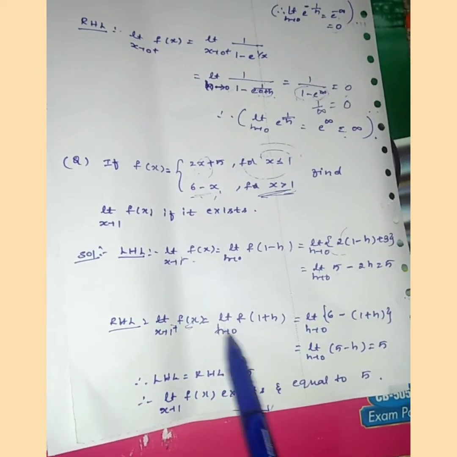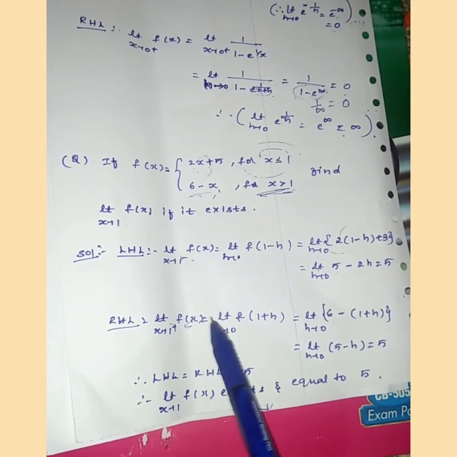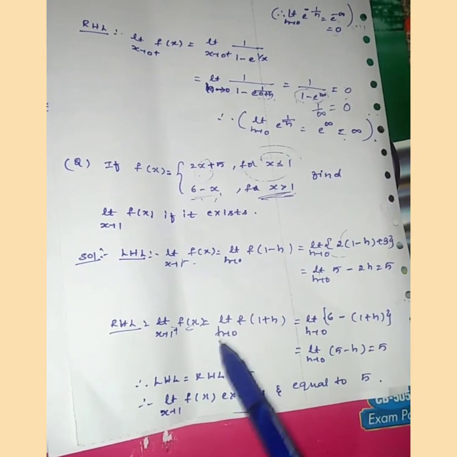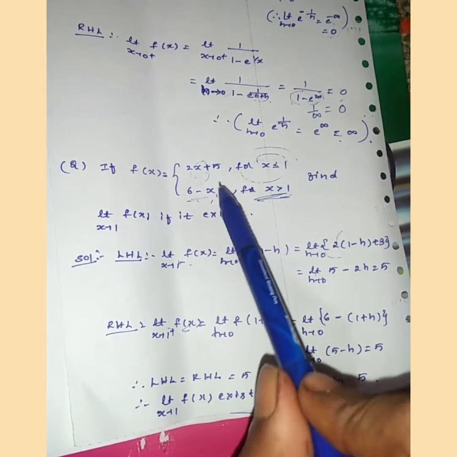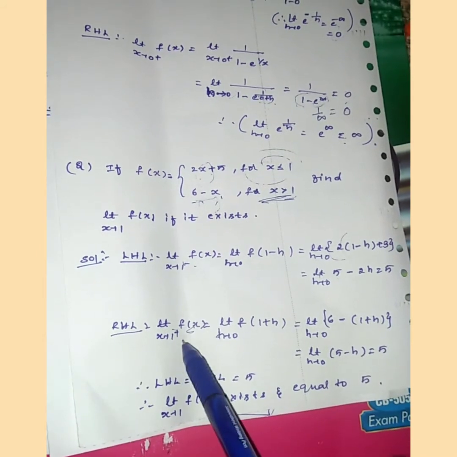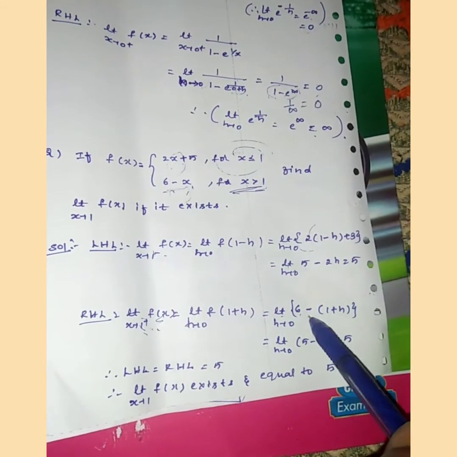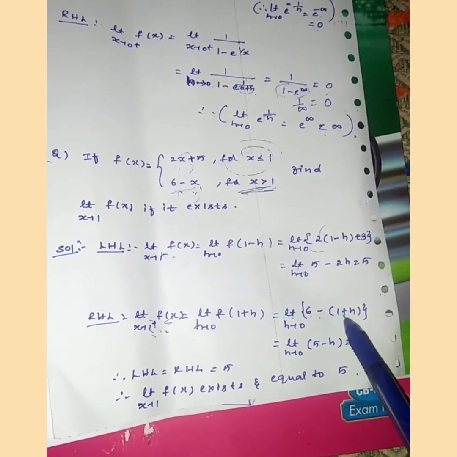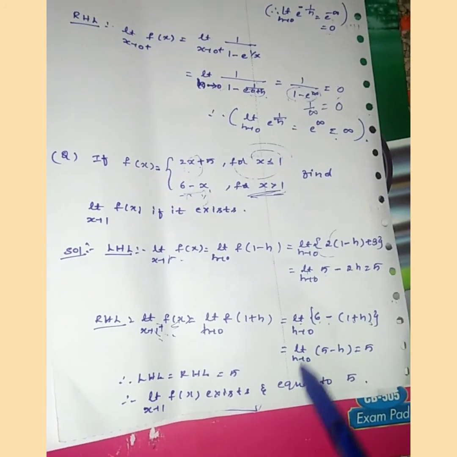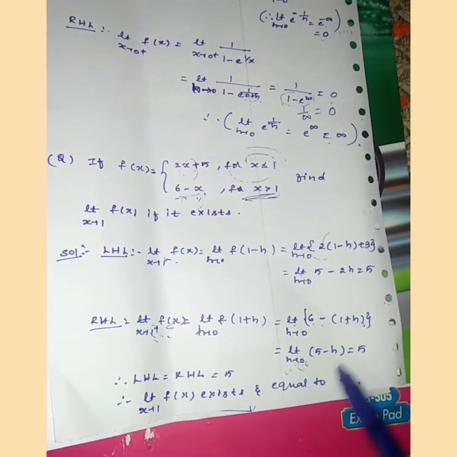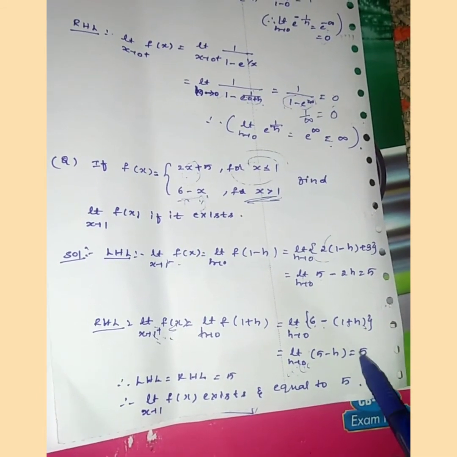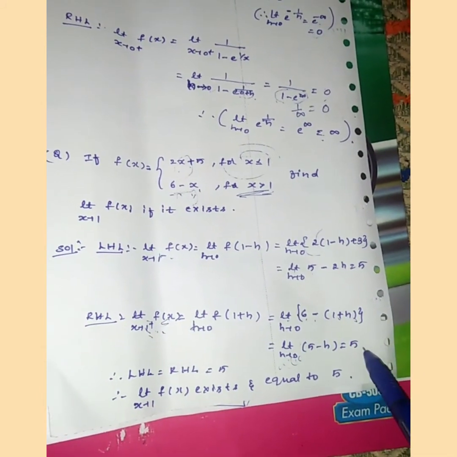In place of x we replace 1 plus h, 6 minus 1 plus h, we get 5 minus h as h tends to 0, we get the limit as 5.